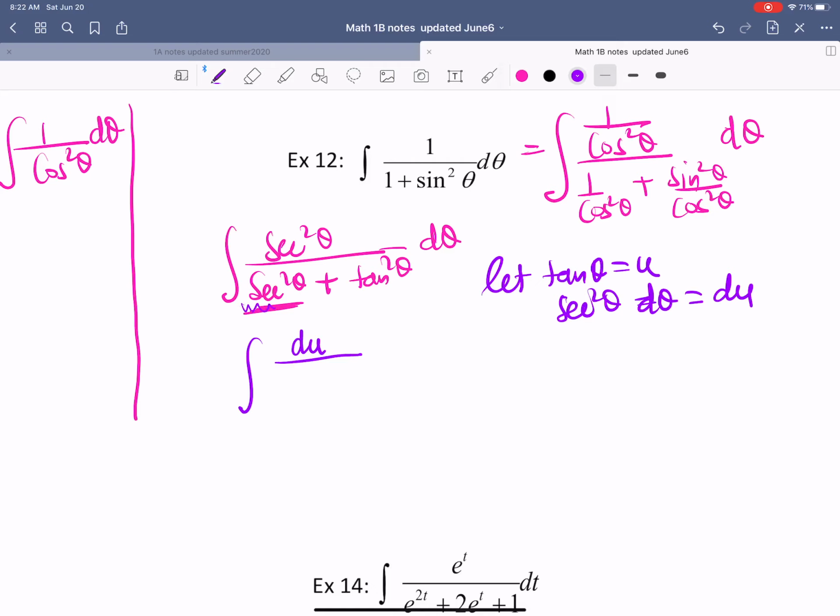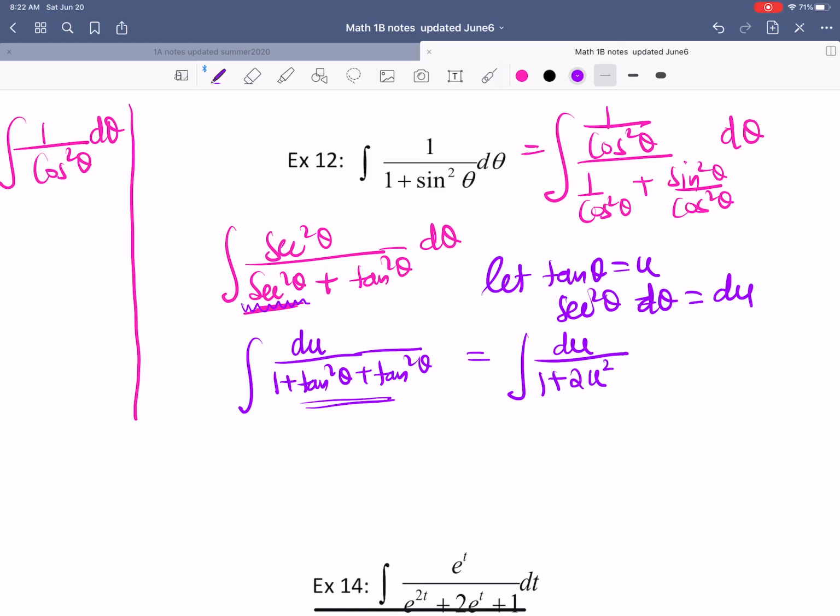I'm going to write this secant square theta in terms of 1 plus tan square theta. So this is 1 plus tan square theta plus tan square theta, which is du over 1 plus 2u squared, because then I have 2 tangent square theta, and I am calling that 2u squared.